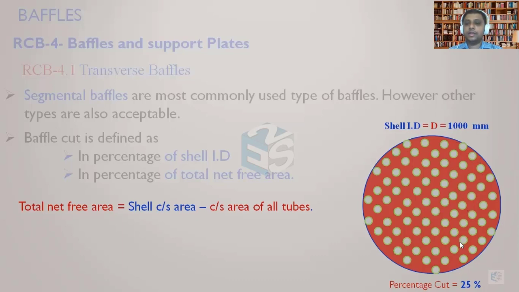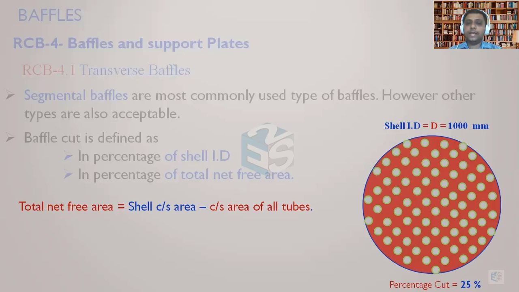So it's a trial and error method by which you can get the distance at which the baffle cut line should be placed. Once it is defined, the same will be followed across the baffles. So this is one in terms of shell ID, another in terms of total net free area.